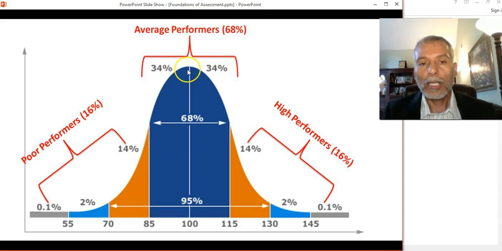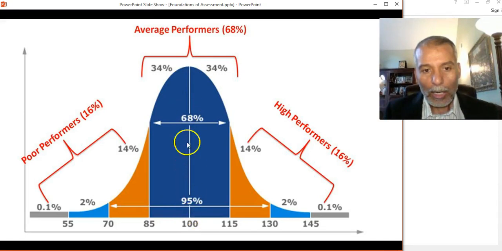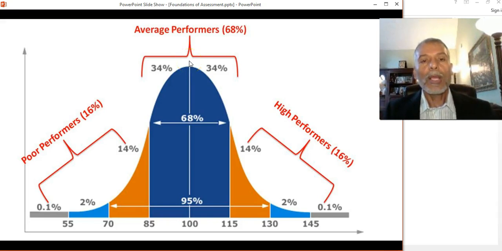If you give this test to 1,000 or 1,000,000, half of them are going to achieve this score. Let's say the test uses a standard score of 100. So it means that at this mark here, half of the population are going to score at 50%. That is called the mean.